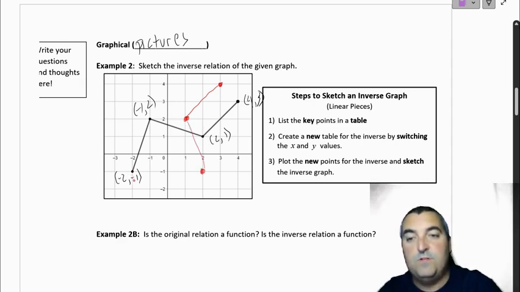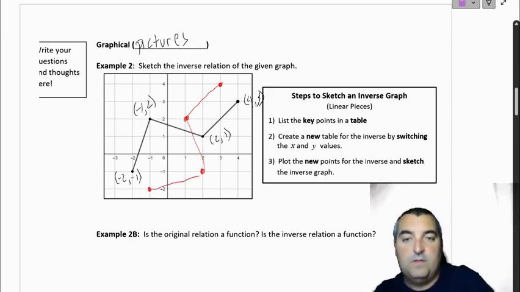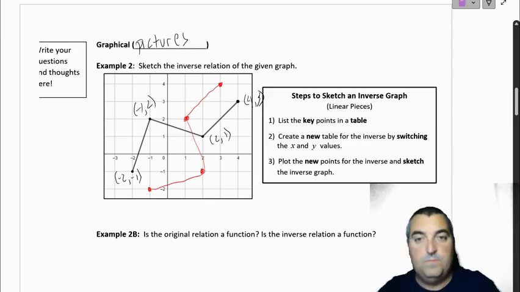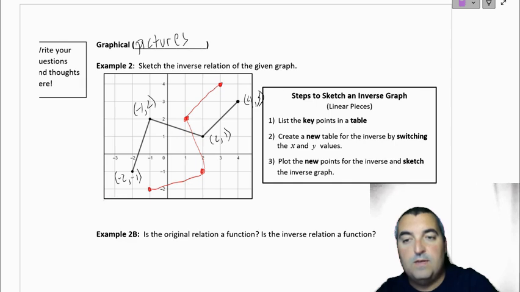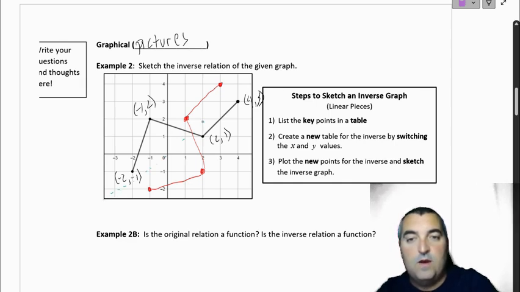And then -2, -1 would become -1, -2. And there we go. So one thing you might remember is this line here ends up being the line of reflection, which is the y equals x line, which we'll talk more about later, but you can hopefully see it.